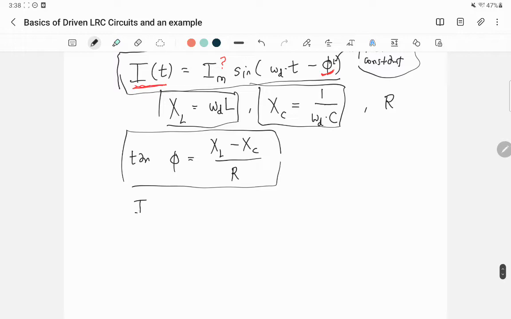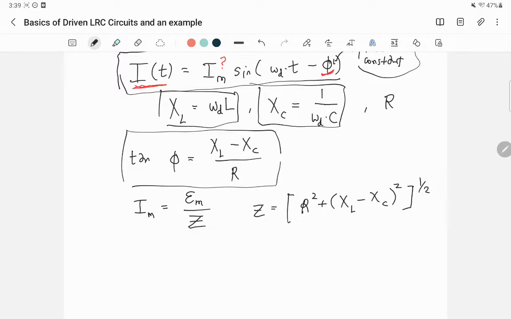So the amplitude of the current, this I maximum value, is equal to the driver's maximum voltage, the amplitude of the driver, some number of volts, divided by what's called the impedance, where the impedance is equal to the square root of R squared plus the difference of the inductive reactance minus the capacitive reactance, squared.